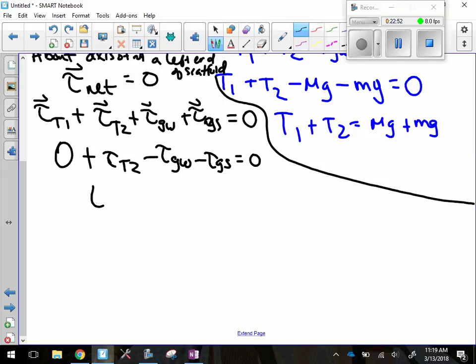So again, what I get is the torque due to tension 2 is going to be equal to the torque due to the gravitational force on the window washer plus the torque due to the gravitational force on the scaffolding. How do I find what a torque is again?